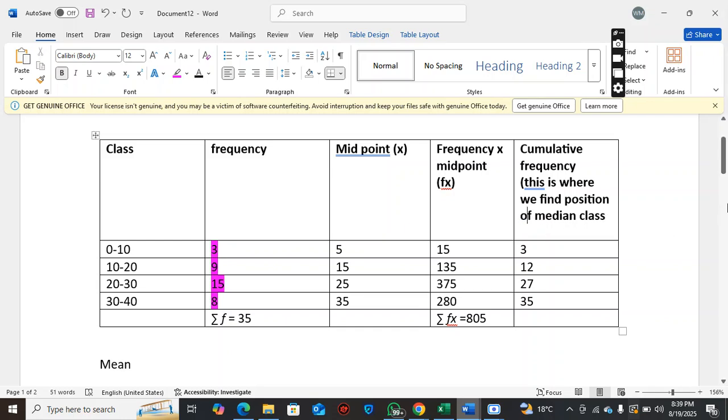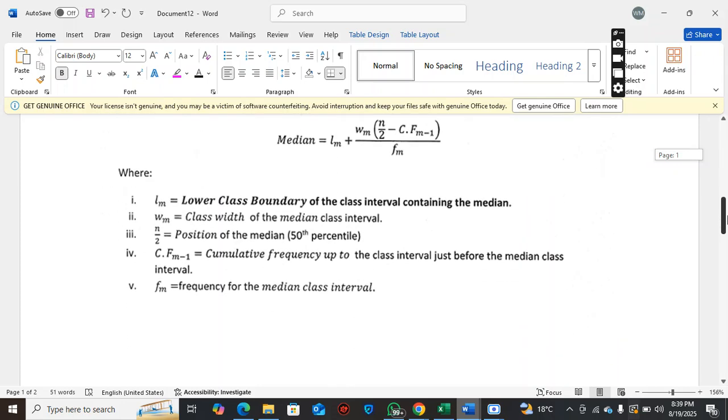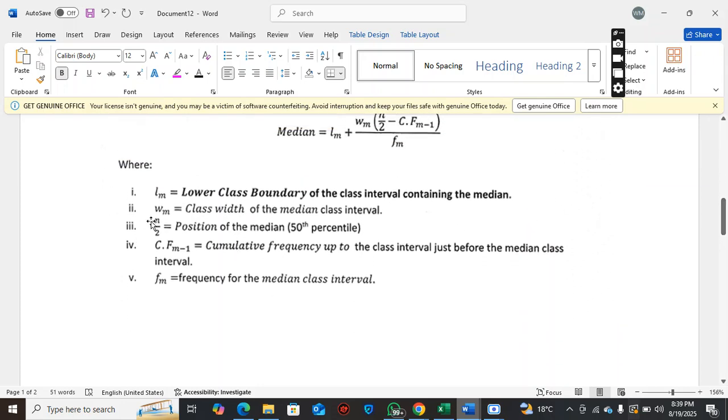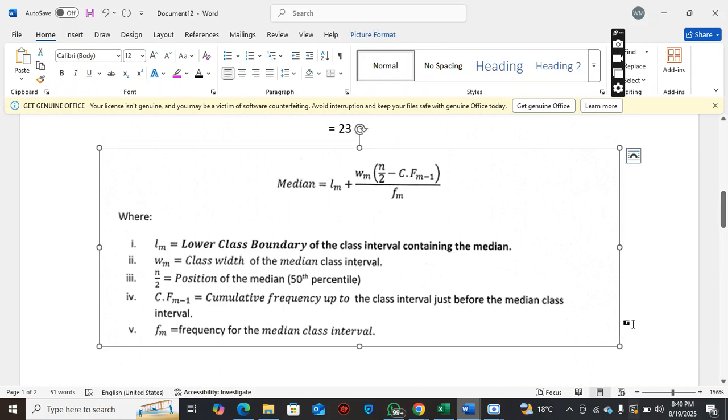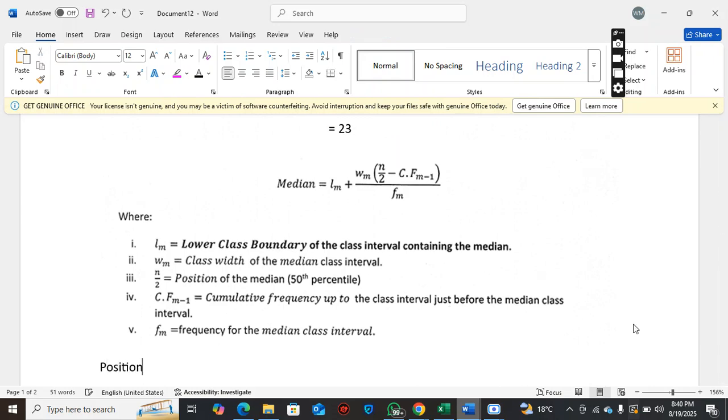So how do we find the position of our median class? Have you seen this n over 2? That's how we find the position. N just represents the total frequency. So the position of the median class is n divided by 2.